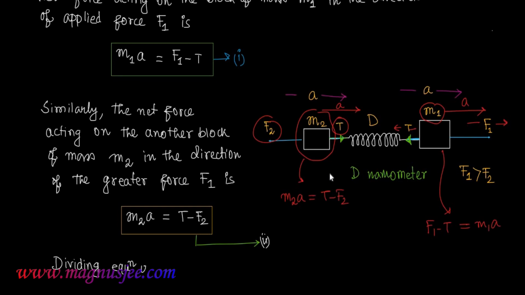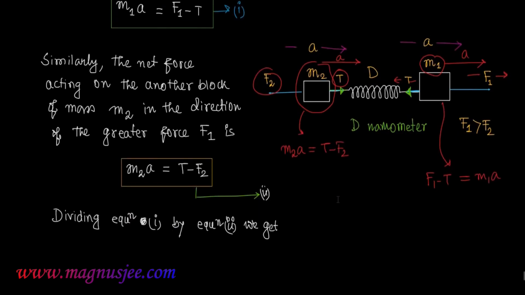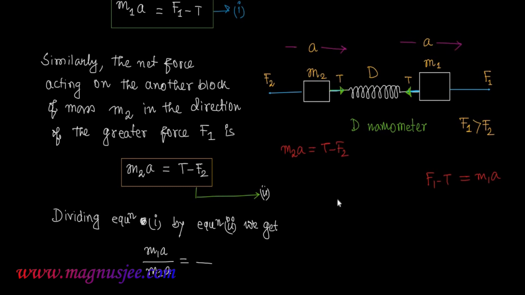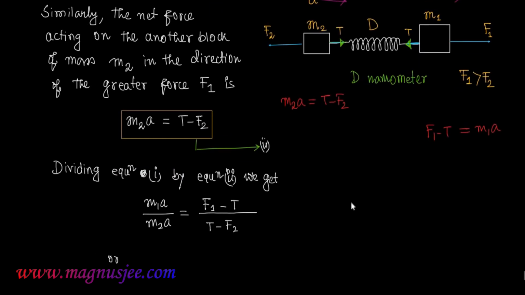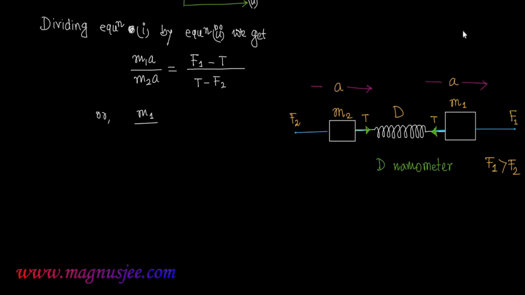Dividing equation 1 by 2, we get M1A divided by M2A is equal to F1 minus T divided by T minus F2, or M1 by M2 is equal to F1 minus T divided by T minus F2.